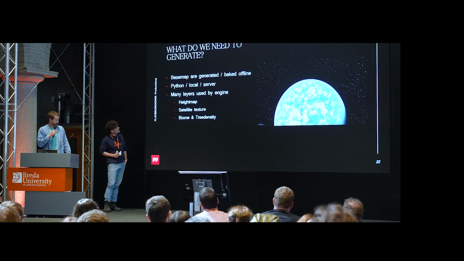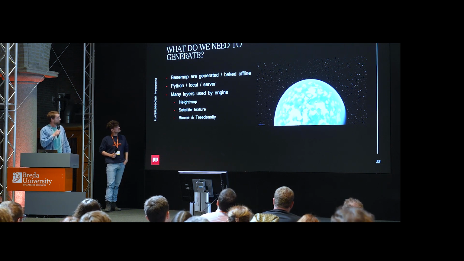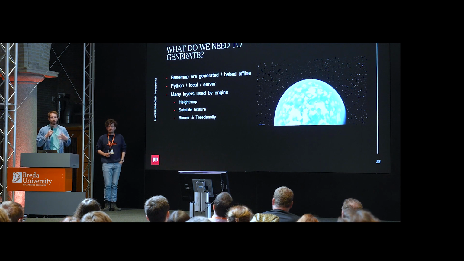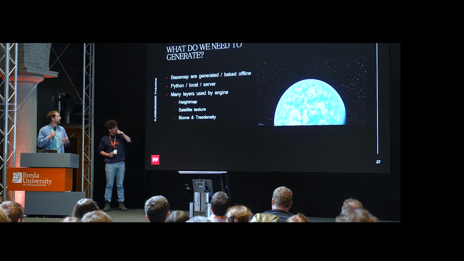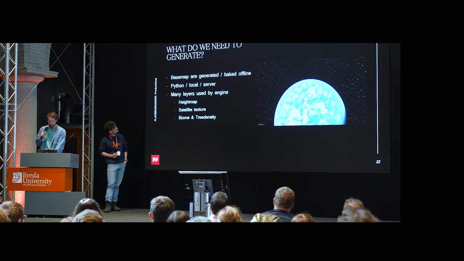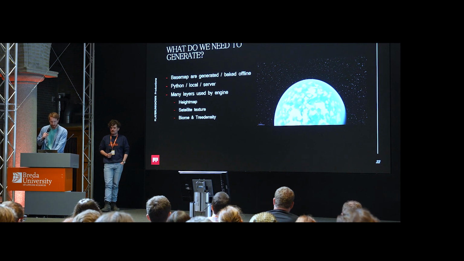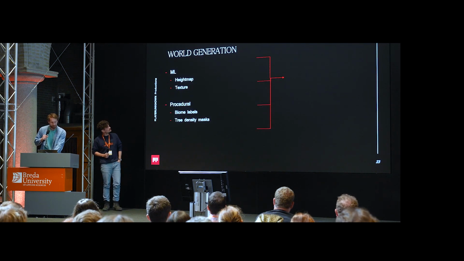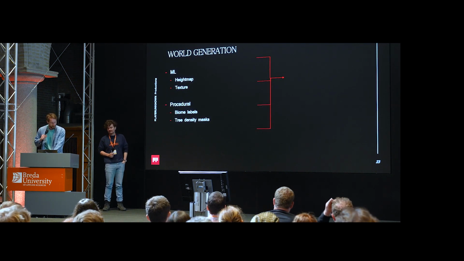At the moment, we generate these maps offline, only for a pragmatic reason, so that we can explore the space of how we can integrate this kind of guiding into it. And the engine itself uses multiple layers to actually render out height map, satellite texture, and biome labels. Here's an example.